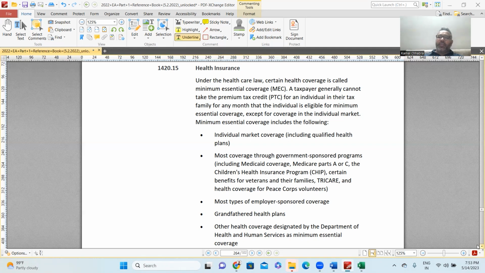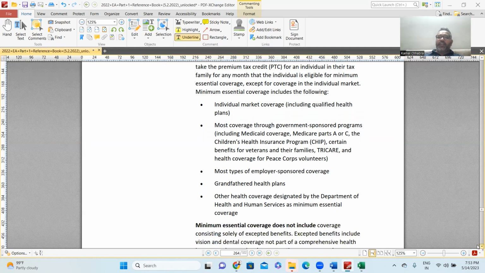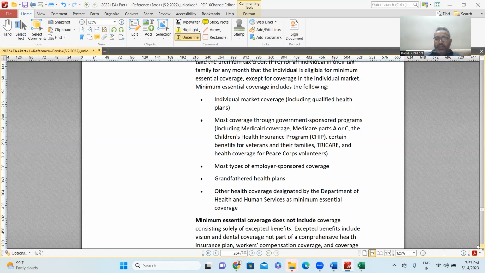Minimum essential coverage may include the following. First is individual market coverage. Second is most coverage through government sponsored programs, like Medicare Part A and C, the Children's Health Insurance Program, or certain benefits for veterans and their family members, and so on. And most types of employer sponsored coverage, grandfathered health plan coverage, and other coverage.